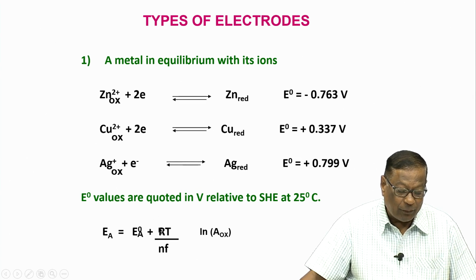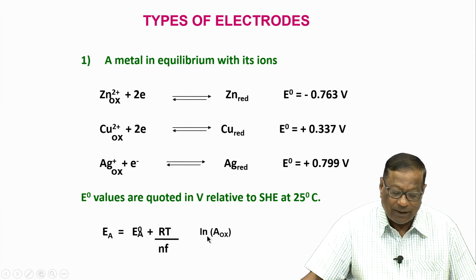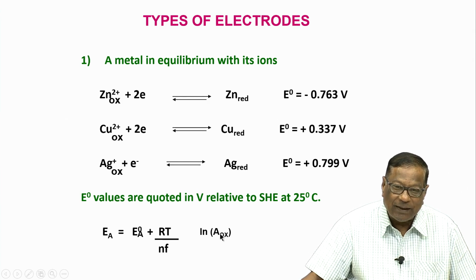The expression I write is E equals E naught plus RT by nF ln a oxidant. Here you should see that I am not writing the reductant at the bottom, correct.